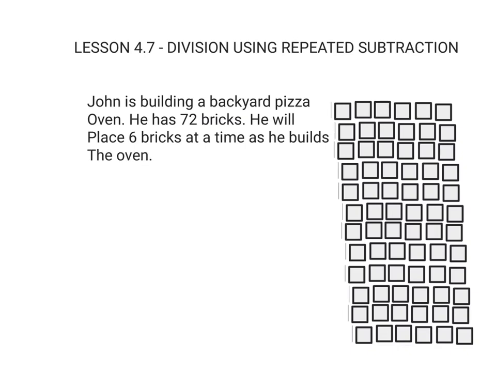Now, why? I don't know. It could be that they're too heavy, or he wants to measure them. It doesn't really matter why. He's going to place 6 bricks at a time as he builds. So if he arranges the bricks in piles of 6, how many piles will he have?